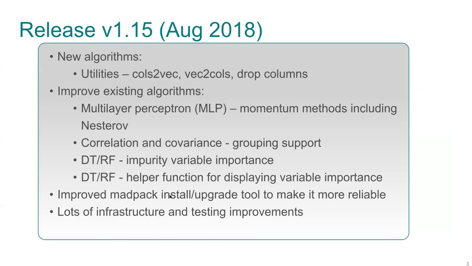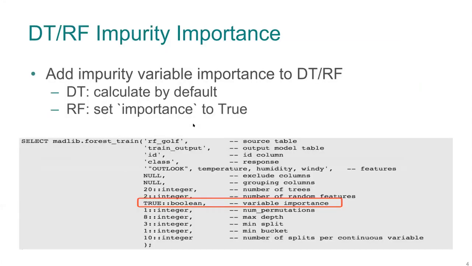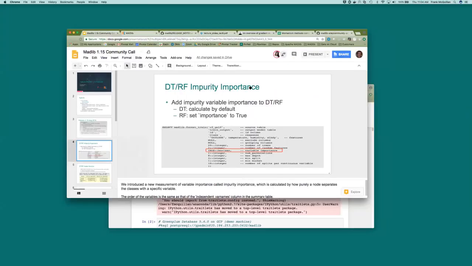We made improvements to the MADlib install and upgrade tool to make it more reliable, and did a number of infrastructure and testing improvements. At this time, maybe I'll turn it over to Jingyi so she can give us an update on the impurity importance related work that we've done.